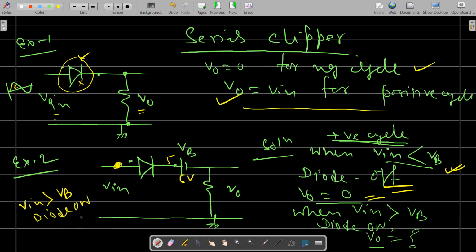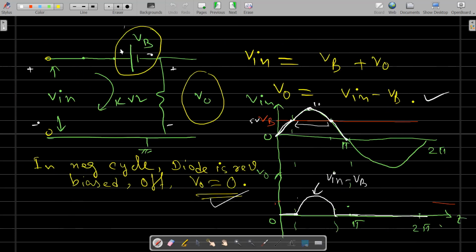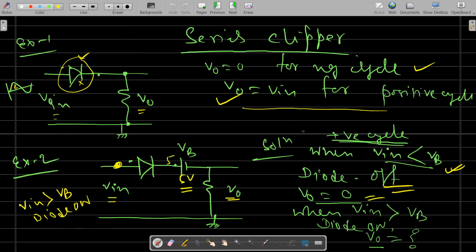And when the diode is on, the output is basically a combination of Vin and this VB, which we can easily calculate by applying KVL. So let us see. When the diode is on, the diode is replaced by a short circuit. Check here. Previously, the diode was connected here.